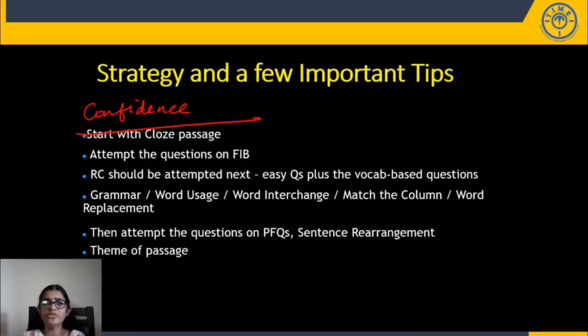So the right strategy may be to start by identifying the cloze passage. If you have a cloze question in the exam, quickly scan the paper to see if you have one. If you do, scan the passage quickly. Do not start attempting the blanks right away. Scan the passage quickly, understand the central idea of the passage, and then start filling in the blanks. At one shot, you will get multiple marks.